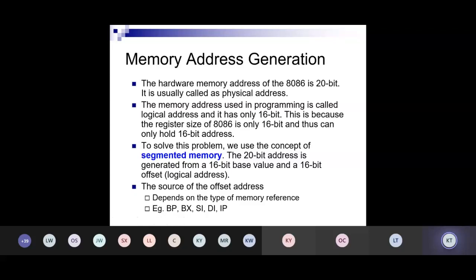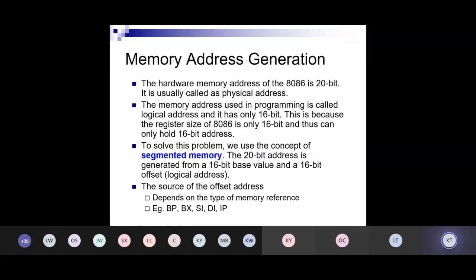To solve this problem, they use the concept of segmented memory. We will learn more on segmented memory in chapter 6 also. The 20-bit address is generated from a 16-bit base value and a 16-bit offset value.